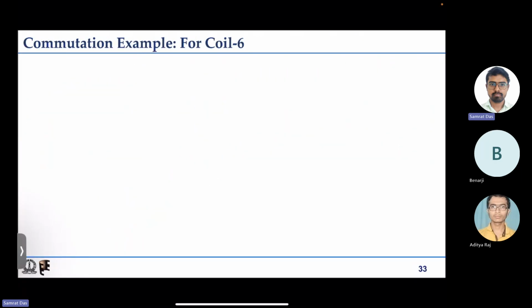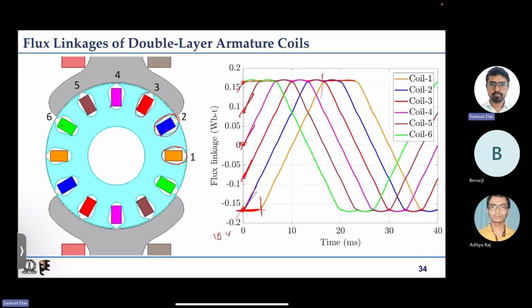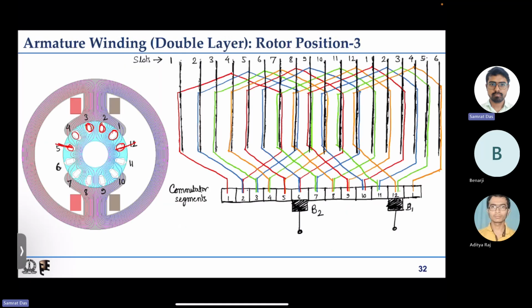So if I go to this one after some time, this one will not have any induced EMF, but the other ones will. Say all are rising: at this instant 2, 3, 4 are rising, but the fifth one is not rising. So in this case you have 4 coils actively participating in induced EMF production, and they are connected in series. With the same 10 volt per coil, 4 into 10 comes out as 40 volt.